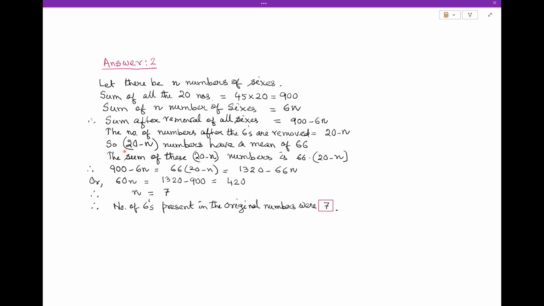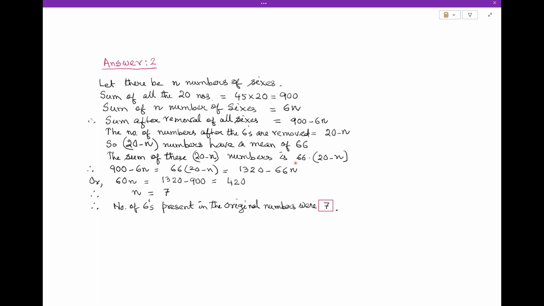It is given that the remaining numbers have a mean of 66. That means 20 minus n numbers have a mean of 66. Then the sum of these 20 minus n numbers is 66 multiplied by 20 minus n, that is mean multiplied by the total number of numbers.